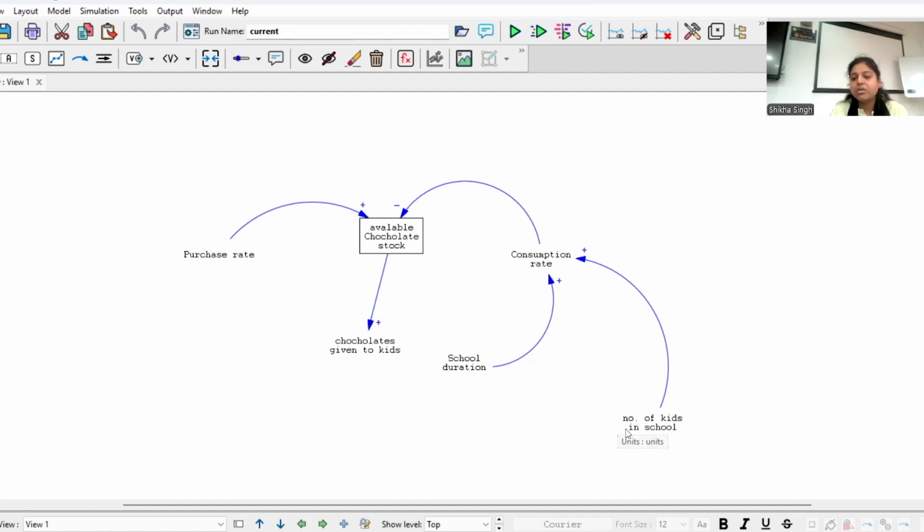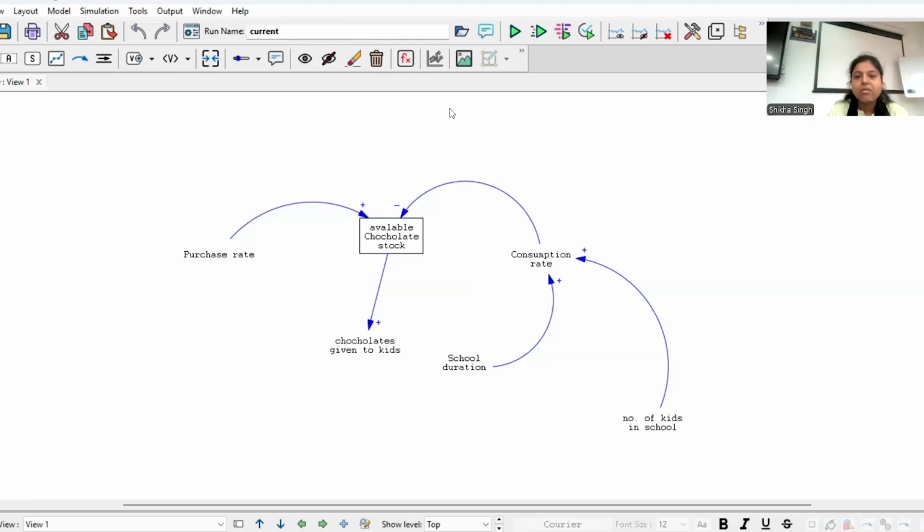And then you see what the other parameters are which are impacting the consumption rate: the number of kids in the school, and then the school duration, right? Very simple model, just to illustrate how the causal map or causal feedback loops do not consider the stock variables. It is just simple.